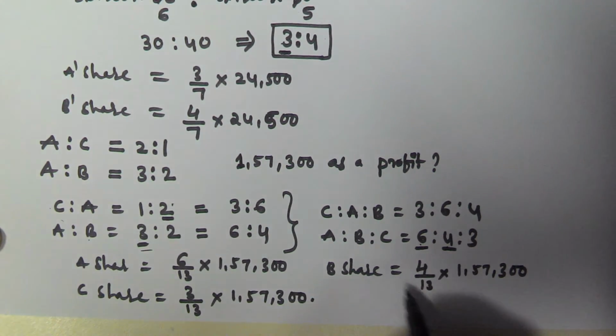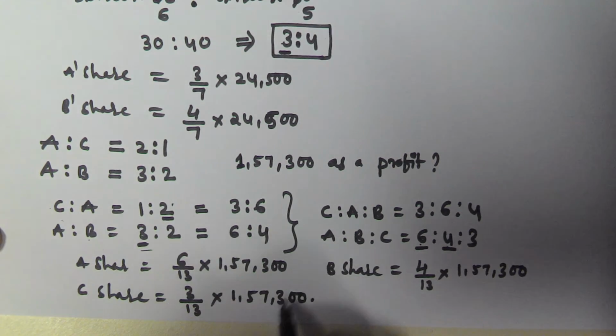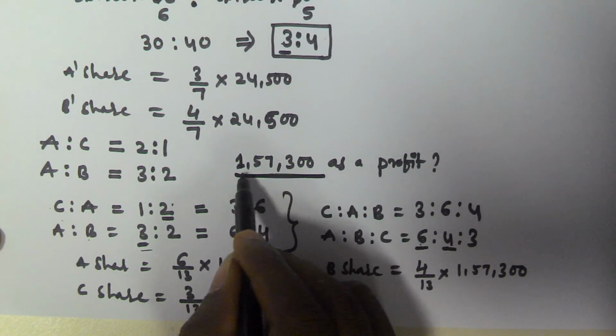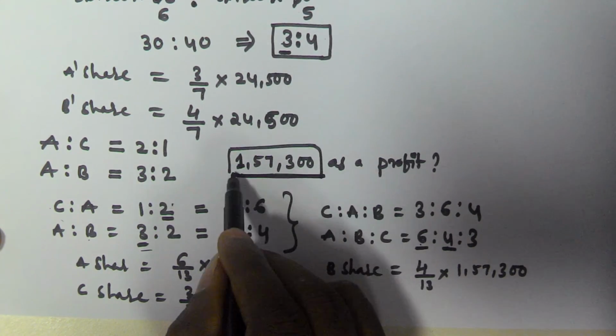If you simplify these multiplications and divisions, whatever values we get are the shares of A, B and C in the profit of 1,57,300. So I hope you got this one.